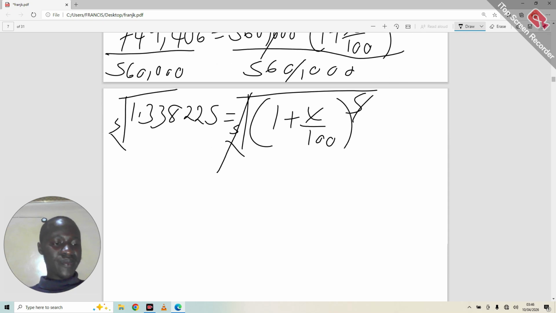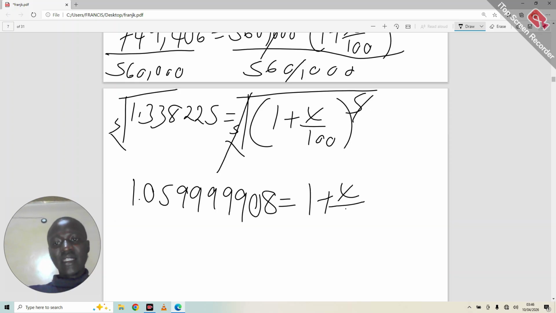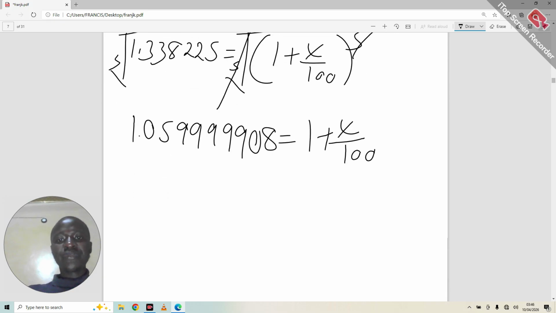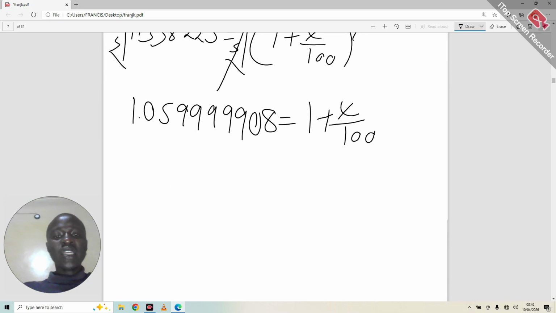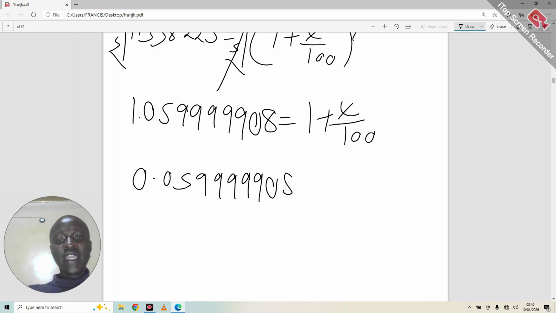So the fifth root of that is 1.059908 equals 1 plus x all over 100. So when 1 crosses the equal sign, it becomes minus. So we have 0.059908 equals x all over 100.